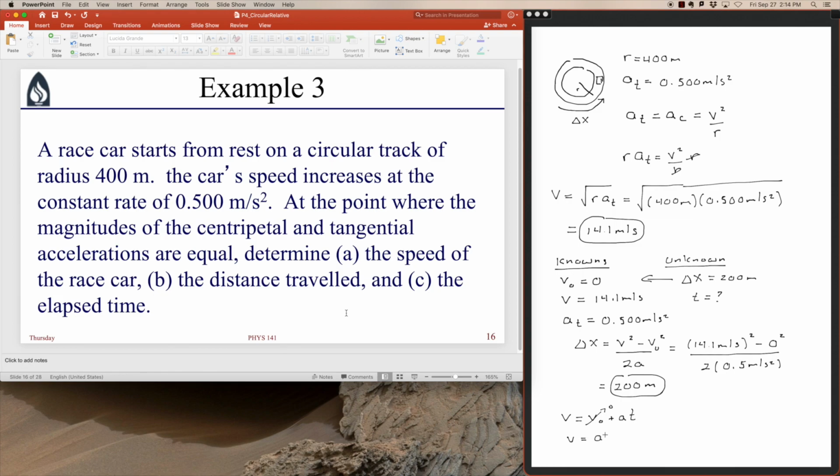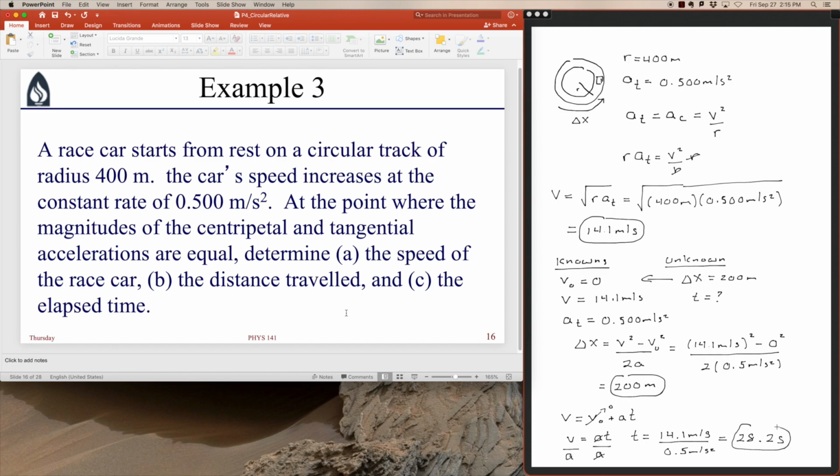Then I'm solving for time, so I can divide both sides by acceleration. The elapsed time would be the final velocity, 14.1 meters per second, divided by the acceleration, 0.5 meters per second squared. So I have an elapsed time of about 28.2 seconds, and that becomes my answer to part C of the problem.